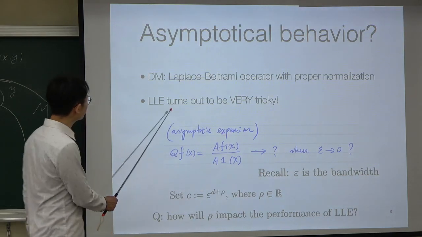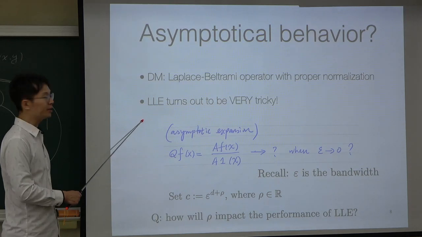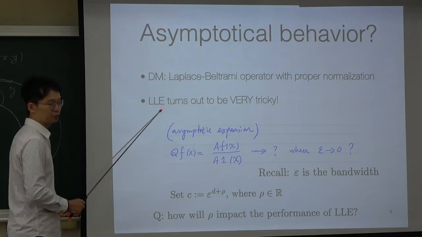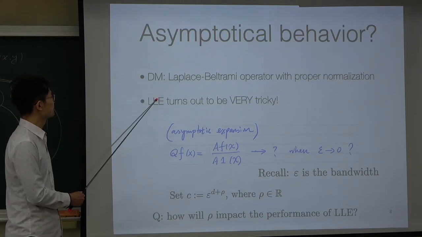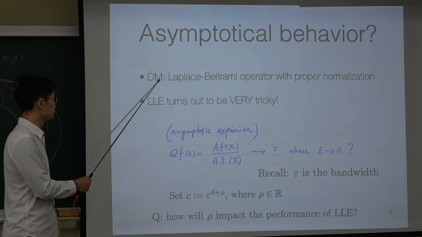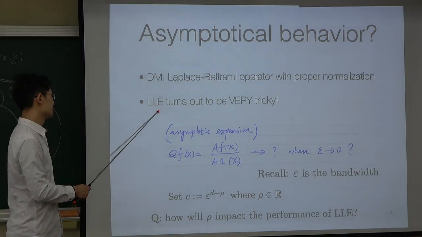But LLE turns out to be very tricky. It may not give you the Laplace-Beltrami operator, even if you have very similar conditions to diffusion map. Why so? Because of the regularization, which we will see in a bit.